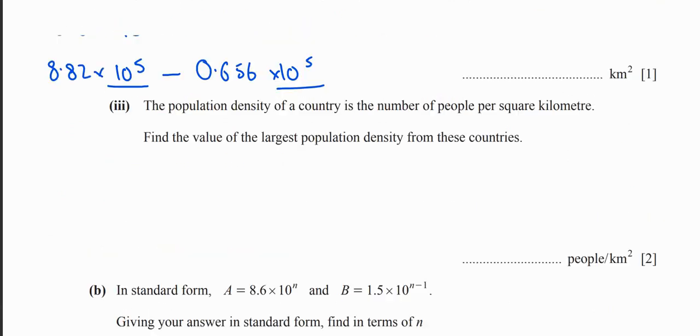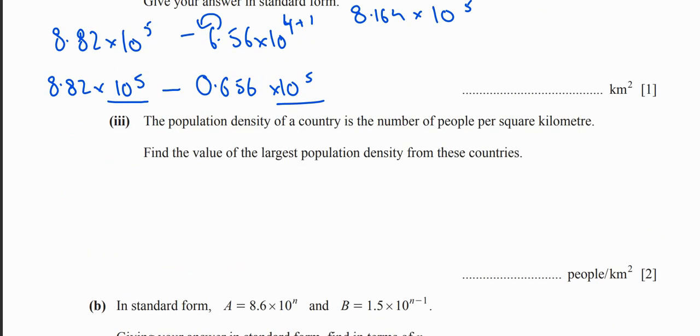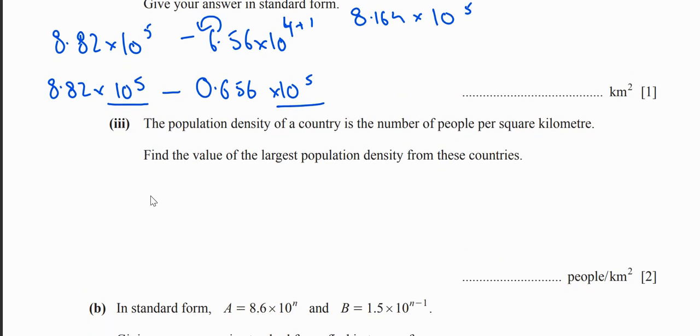Now the next question is that the population density of a country is the number of people per square kilometer. Find the value of the largest density from these countries. So look, first of all, you need to write this formula. Population density means number of people divided by area, which means the number of people per square kilometer.